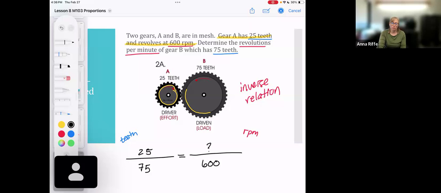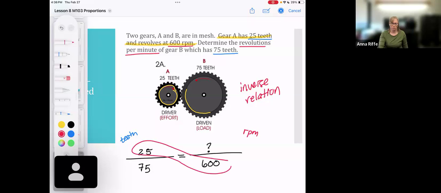And we want to know, given 600 revolutions per minute for the small gear, how do I use that to find the number of revolutions per minute that the larger gear revolves at? Hope that made sense.